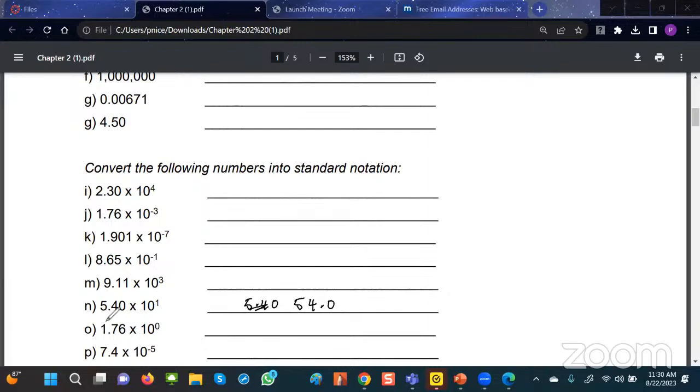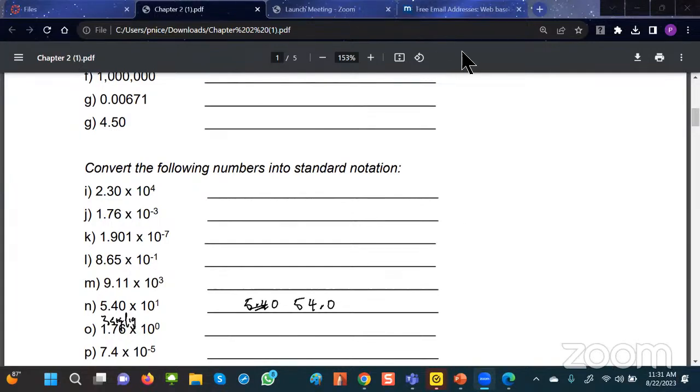Again, because you have 3 sig figs here, when you convert from scientific notation to standard notation, you need to indicate 3 sig figs, which means that you have to keep this 0 right here, right? So basically you have to maintain the number of sig figs, regardless of whether you're going from scientific to standard or vice versa, all right? So I just thought I should mention that. Okay, so let me scroll down.